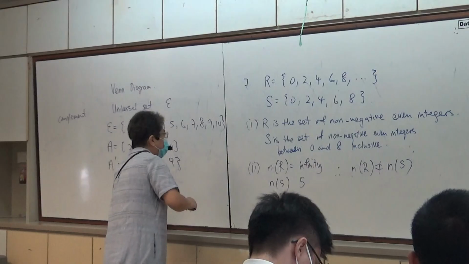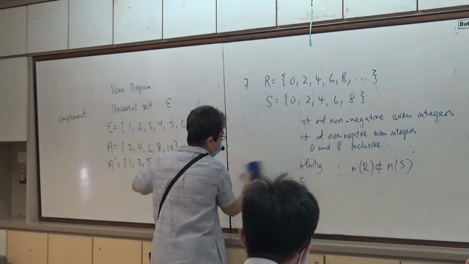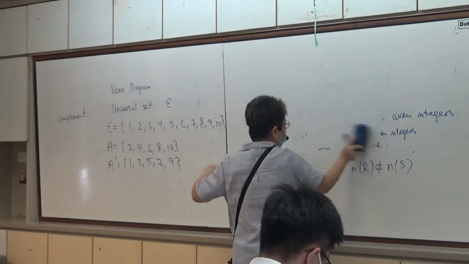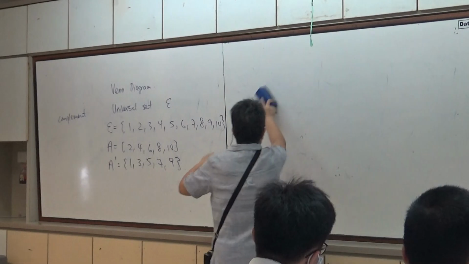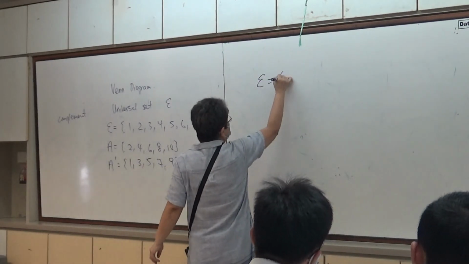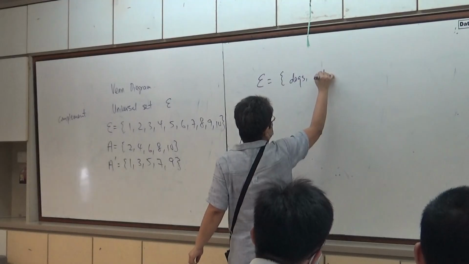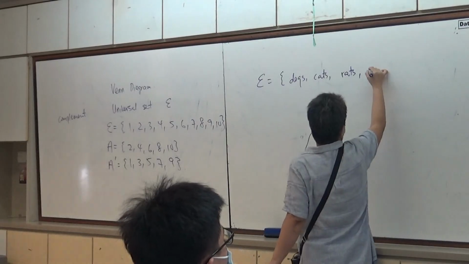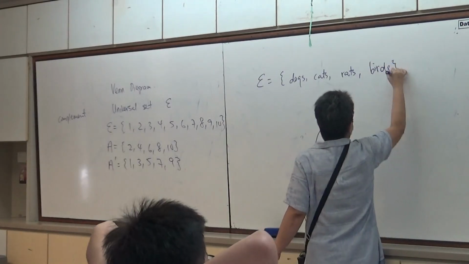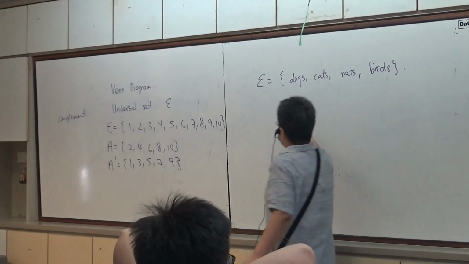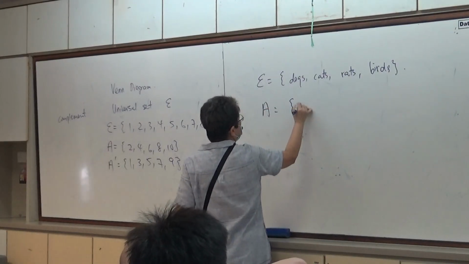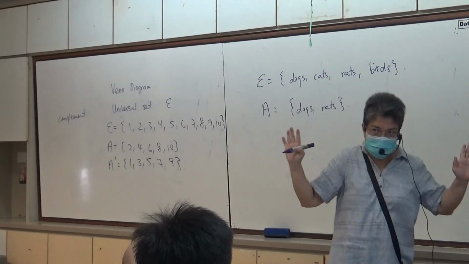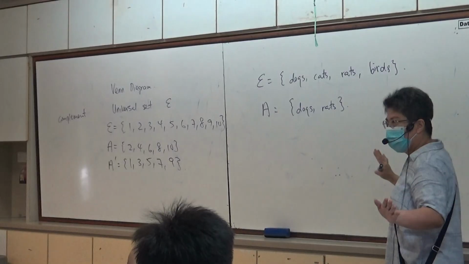Now let me give you a very simple one. You tell me, the universal set is... and A is... that means the set A contains dogs and rats.